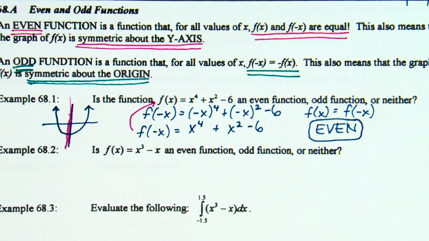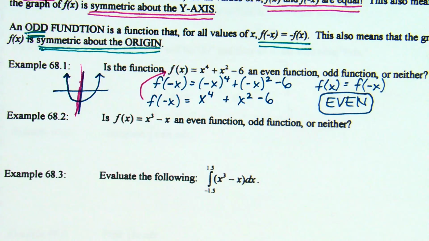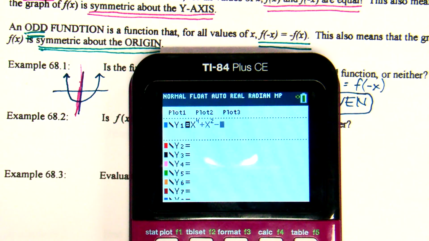I'm sorry that I'm not good enough for you. So if I do x to the fourth, what is it? Plus x squared minus 6. There's one. Alright, so is that what you did? That's the original.